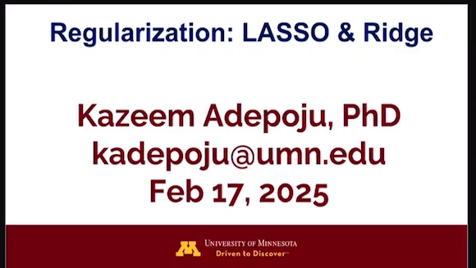Let me tell you this, multicollinearity is one of the major issues in modeling. I may not be able to control for that, and that is why I present to you LASSO and ridge.